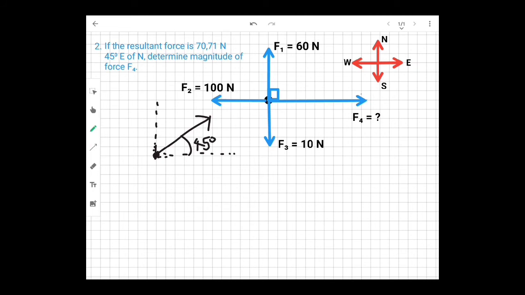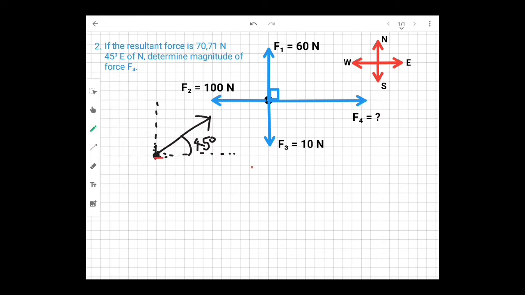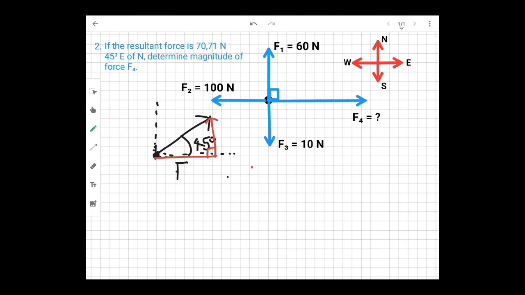Now that is the resultant force, but we know that the resultant force is always the diagonal or the hypotenuse of a right angled triangle, which means we can draw in the two sides of this right angled triangle, and the two sides are the sum along the x and the sum along the y, and there's my F net there.